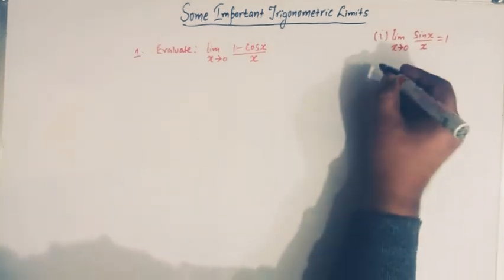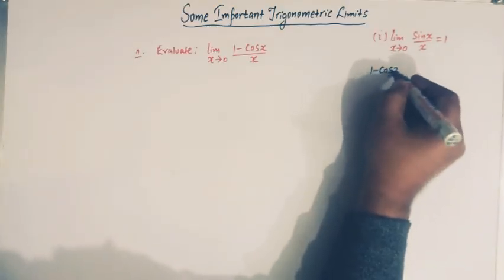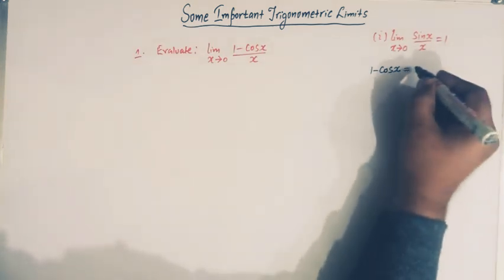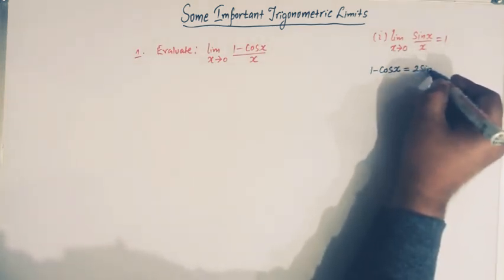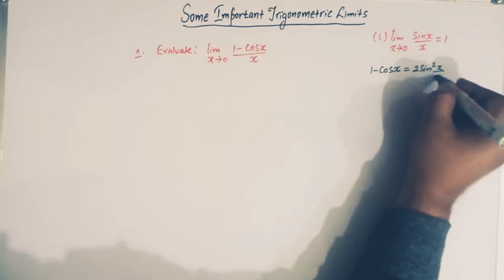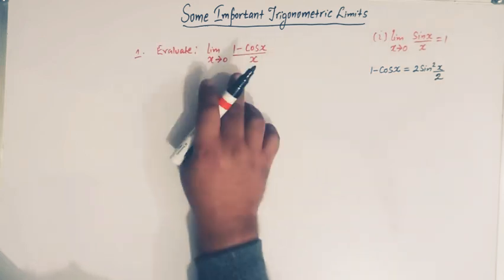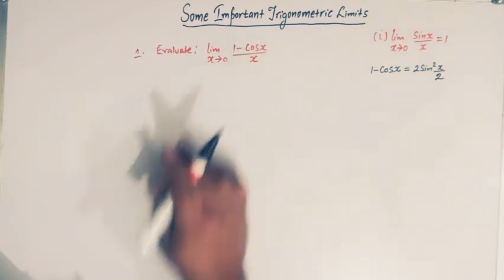We know that 1 minus cos x is equal to 2 sine square x by 2. This result shall be used in evaluating this limit.